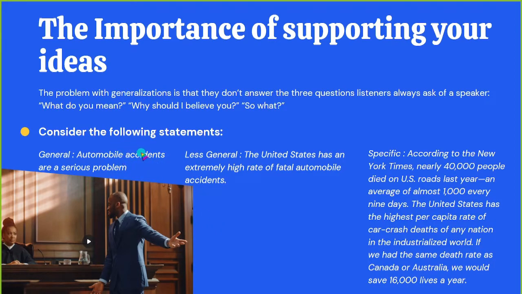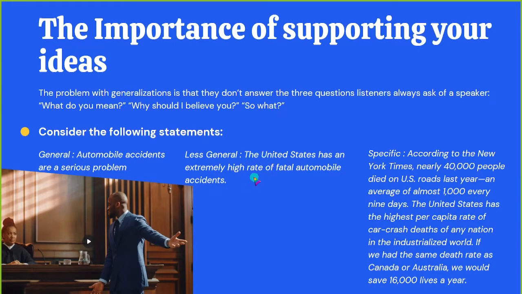So why should we even care about it? That is general. So the audience might have these questions because you are generalizing, but you can turn it into something less general. For example, you point to the rate here. For example, the United States has an extremely high rate of fatal automobile accidents.